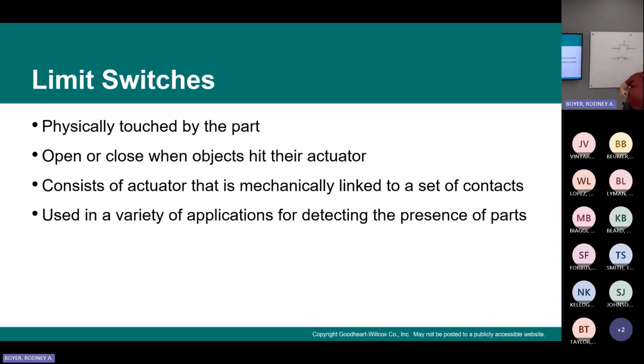Of course, open closes and closed opens. It consists of an actuator that is mechanically linked to a set of contacts, used in a variety of applications for detecting the presence of parts, or that the air cylinder has extended to a certain point, or the index table is in a certain position, that sort of thing.